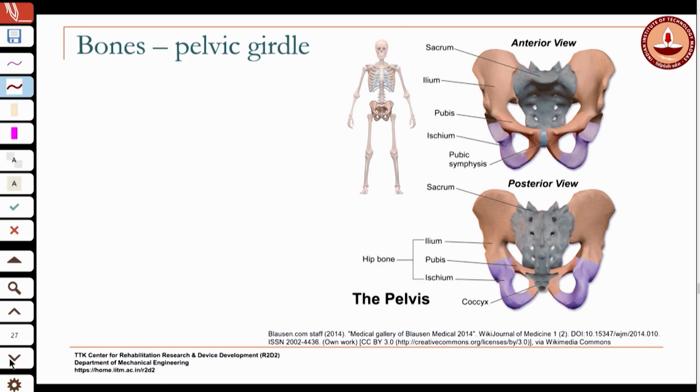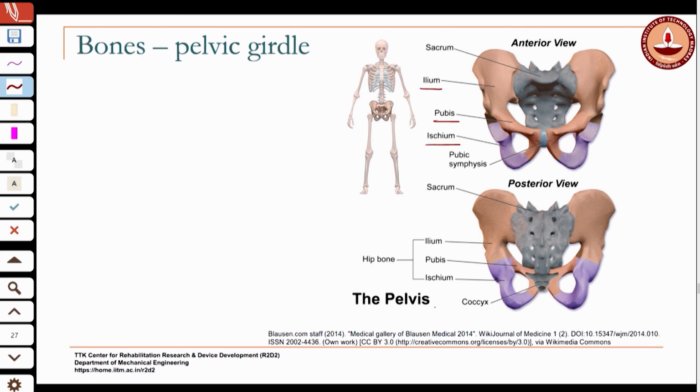In the pelvic girdle, you have the hip bone, or pelvis, which is made up of actually 3 bones. You have the ilium, the pubis and the ischium, and they all fuse together in adults to form the hip bone.